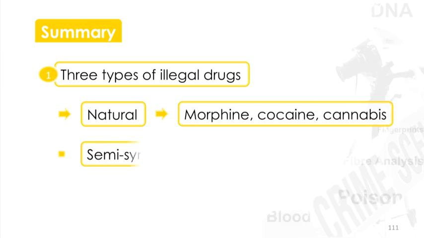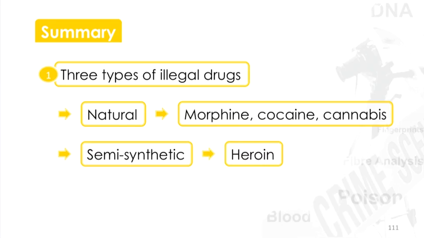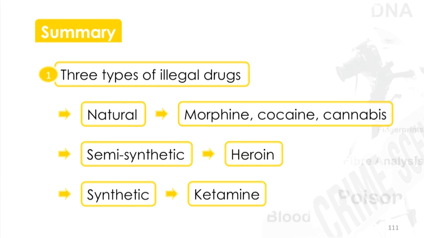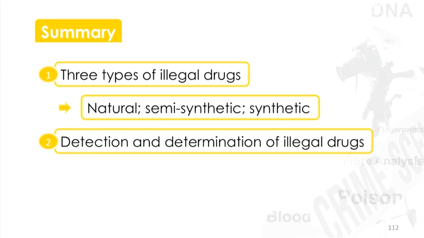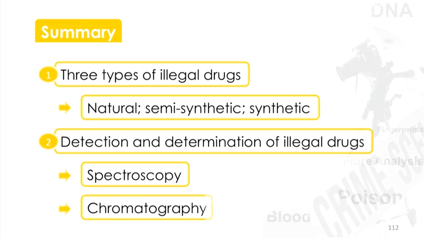There are semi-synthetic compounds which are obtained by chemical modification of those natural compounds. An example would be heroin. And then there are the purely synthetic compounds which are made by chemical means, and an example would be ketamine. All of these can be detected and determined using the techniques of spectroscopy and chromatography that we learned about in our earlier lecture.